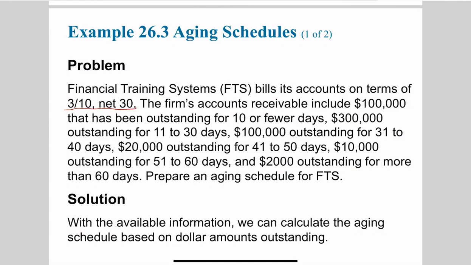The firm's accounts receivable include $100,000 that has been outstanding for 10 or fewer days, and $300,000 which is outstanding for 11 to 30 days, and $100,000 outstanding for 31 to 40 days, and $20,000 outstanding for these days, and $10,000 for these days, and this amount for these days. Prepare an aging schedule for FTS.